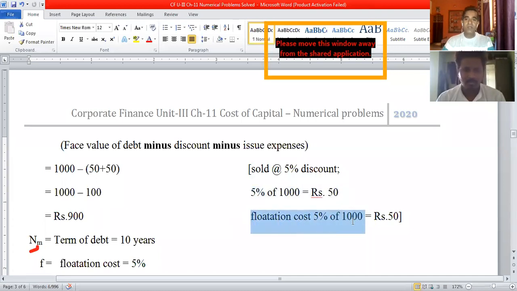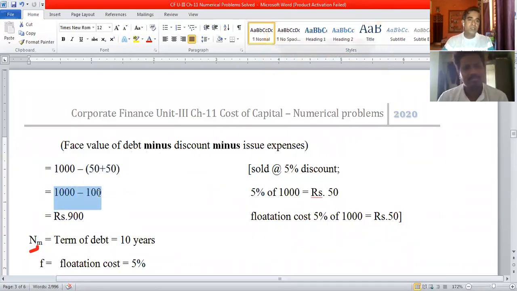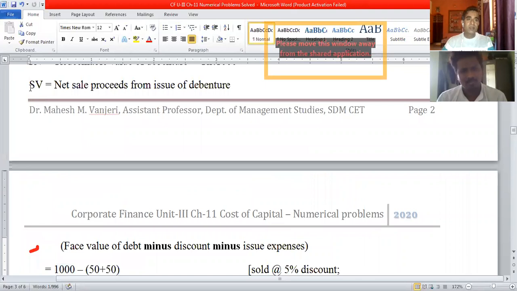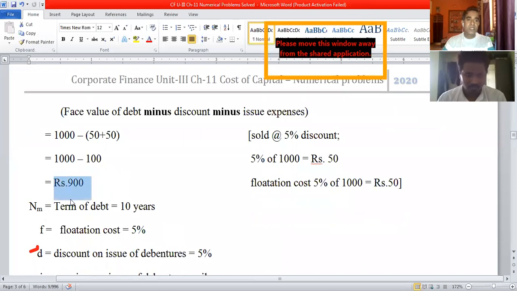So 5% of 1000 is 50 rupees. So we write 1000 rupee face value minus 50 rupee discount plus 50 rupee issue expense, a total of 100 rupees the company is going to lose. So 1000 minus 100 is equal to 900 rupees, the net sale proceeds from issue of debenture. So 900 rupees is SV.